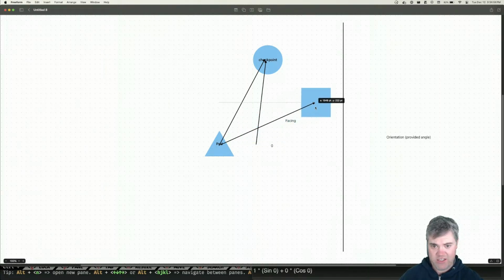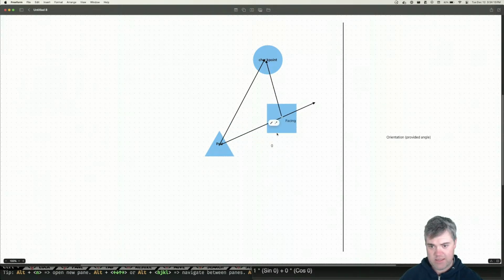So if I just randomly put this over here, that completes the triangle, and now I can calculate this. But I need an XY to figure out where this is.